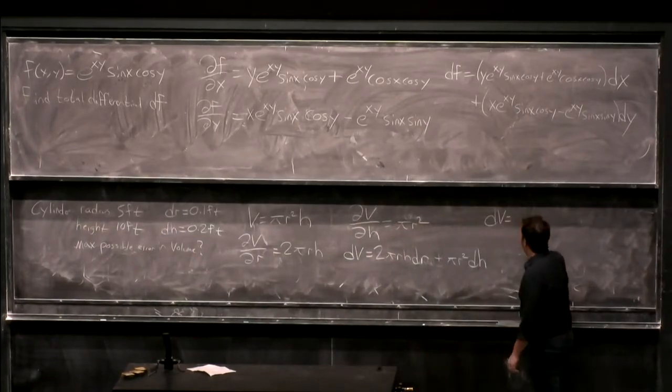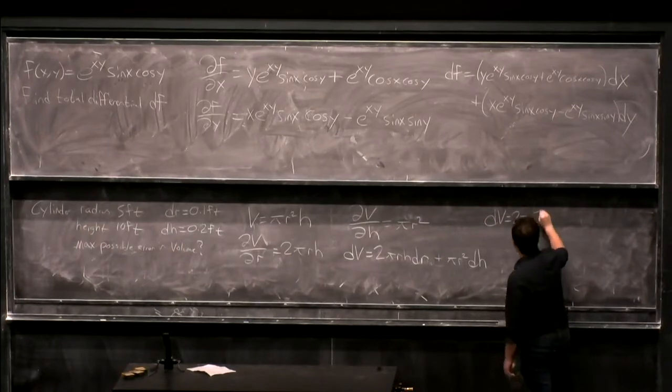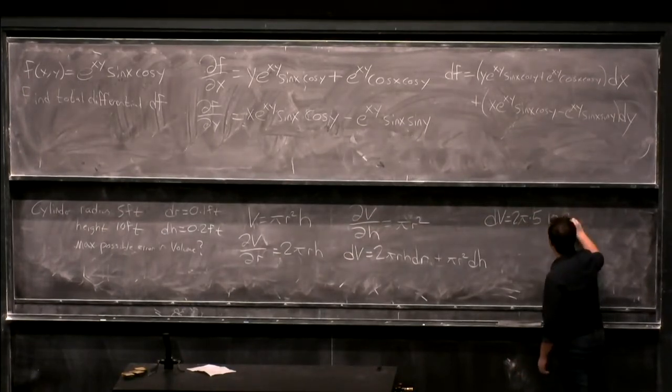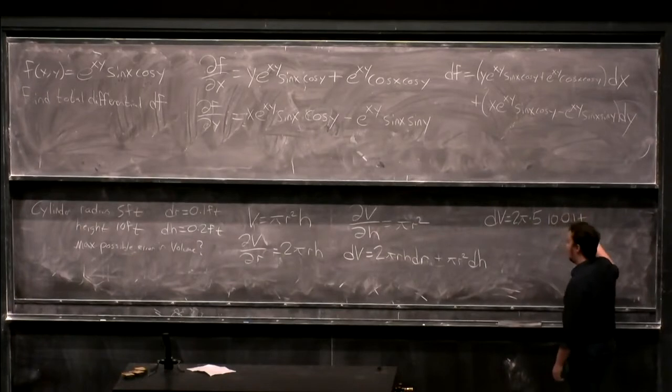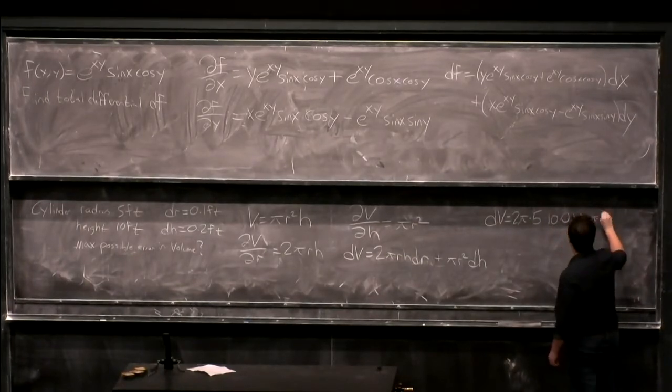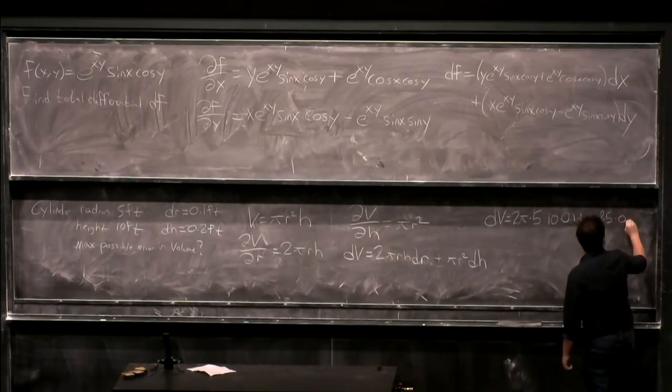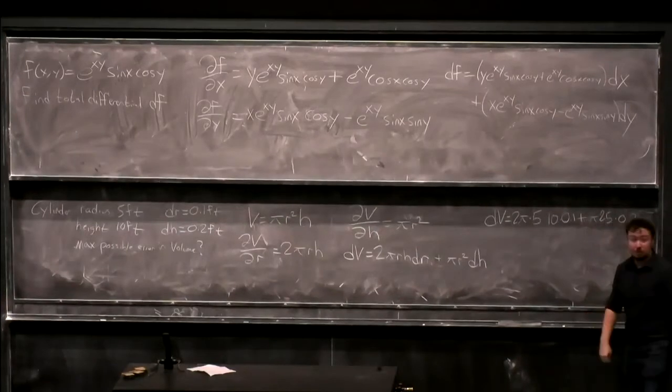Well, let's see. So we have 2 pi, r was 5, h was 10, and dr was 0.1. Then I add in pi, I have r squared, which is 25, and then I have dh, which is 0.2.